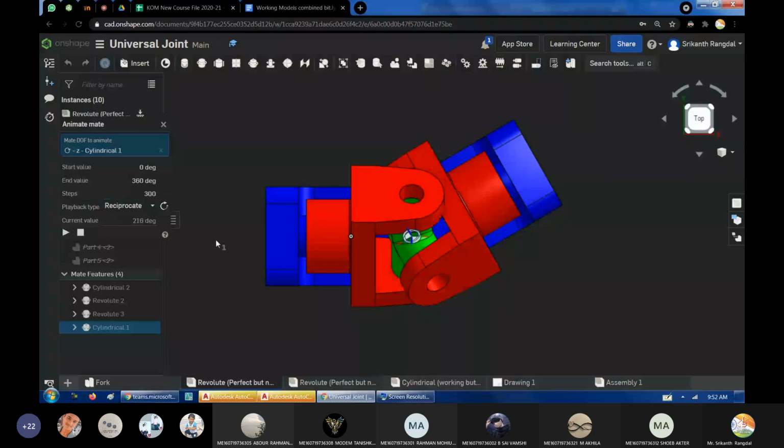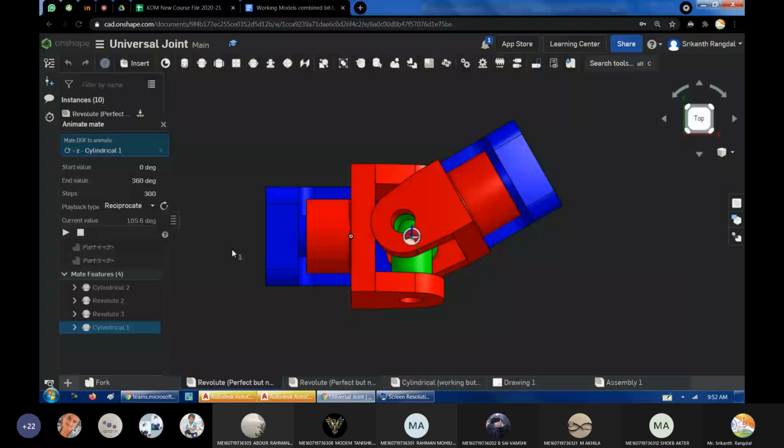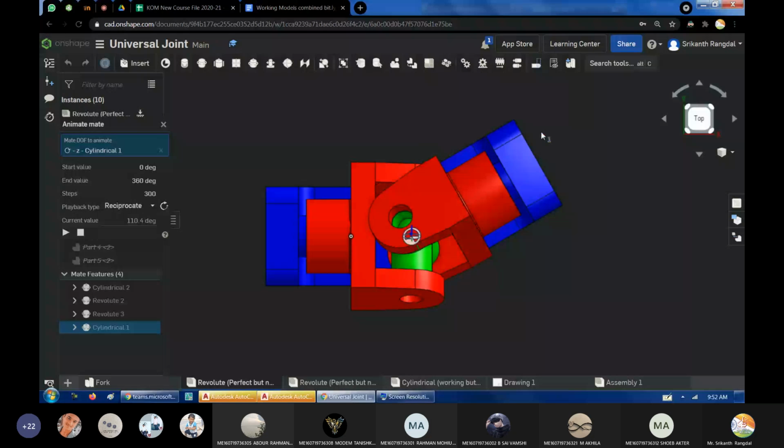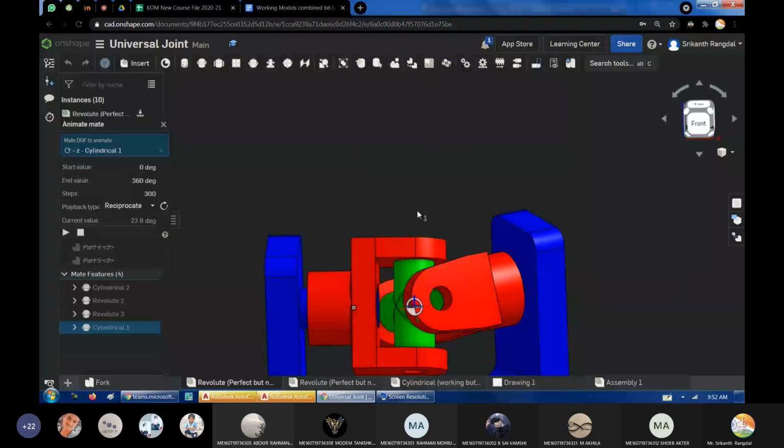What is the meaning of parallel? Parallel means the angle between those two axes has to be 0. Now here, one of the axes is horizontal and the other axis is inclined, isn't it? So no, they are not parallel and they are not even coincident. If they are not parallel, they cannot be coincident.